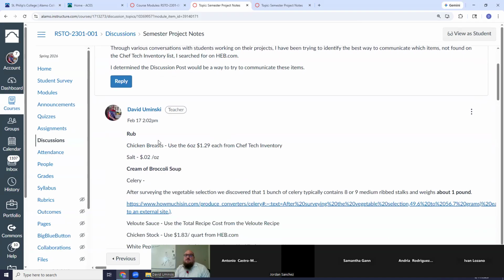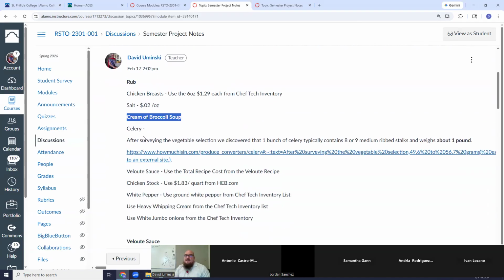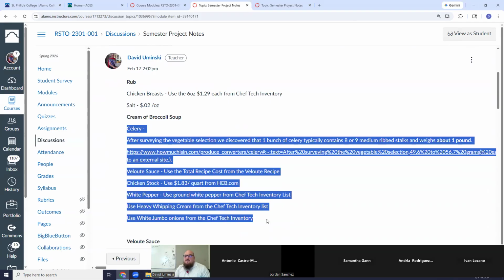You will look at the recipe name, it's all in bold. And then these are all information, whether it has to do with conversions or which ingredient to use or the price that maybe I pulled off of heb.com. Those types of pieces of information are really important to know for the semester project notes.